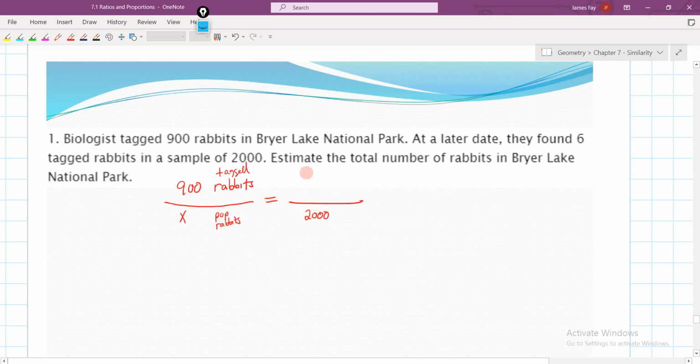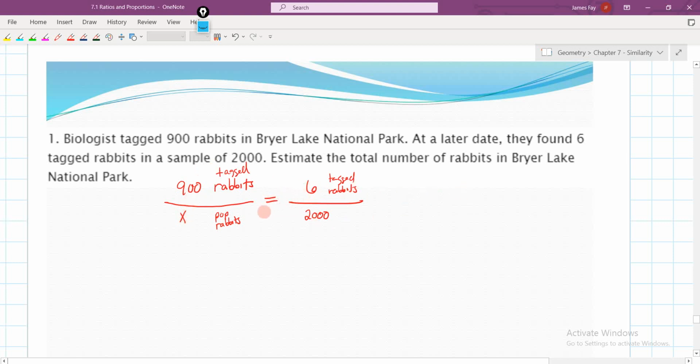Of those 2,000, they found 6 tagged rabbits. So what we're saying is these 6 out of 2,000 relate back to how these 900 compared to the entire population.